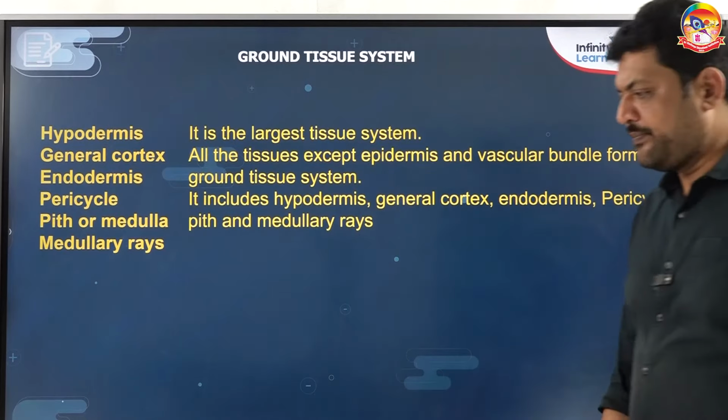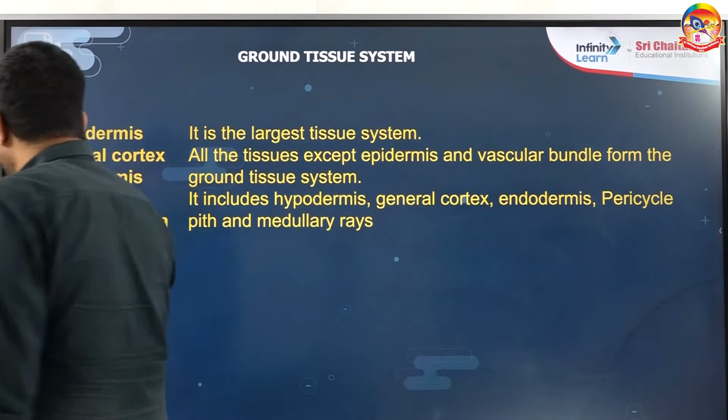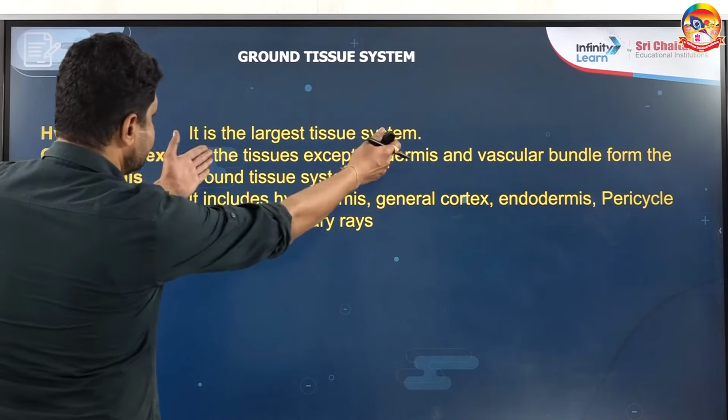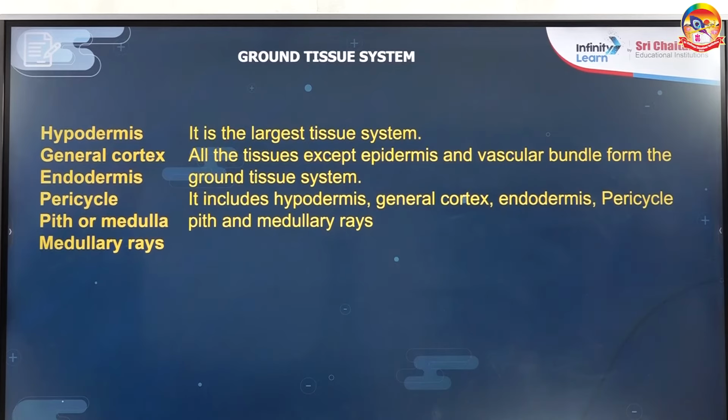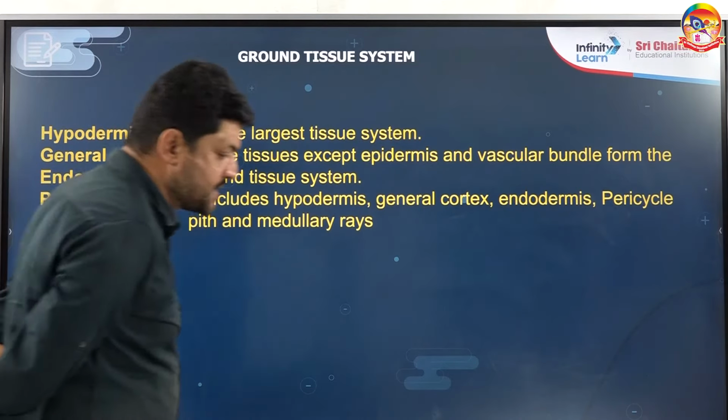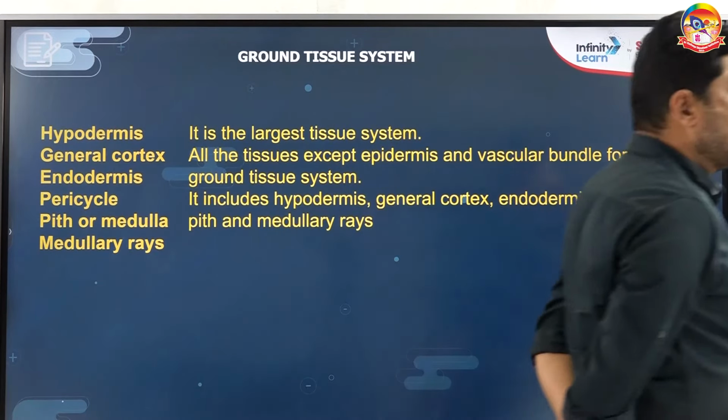Ground tissue system. Here we have the definition. It is the largest tissue system. All tissues except epidermis and vascular bundle. This is a previous year question, 2016 AIPMT.